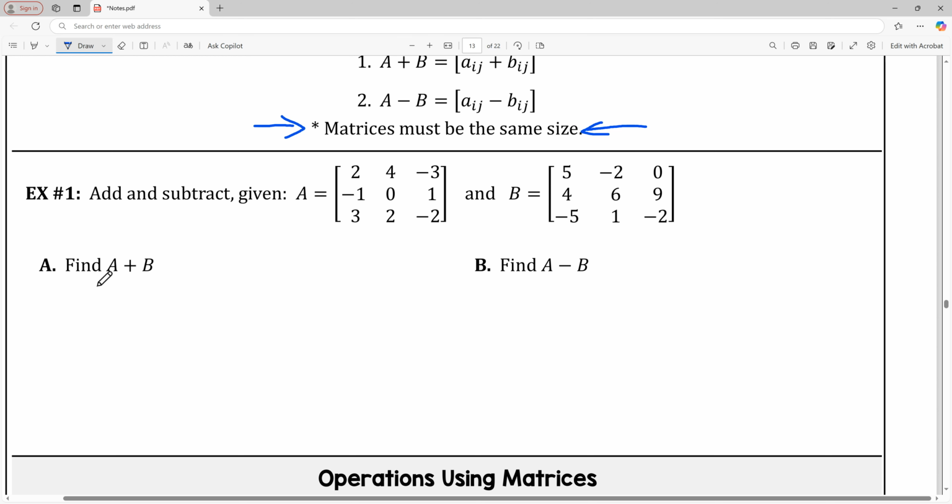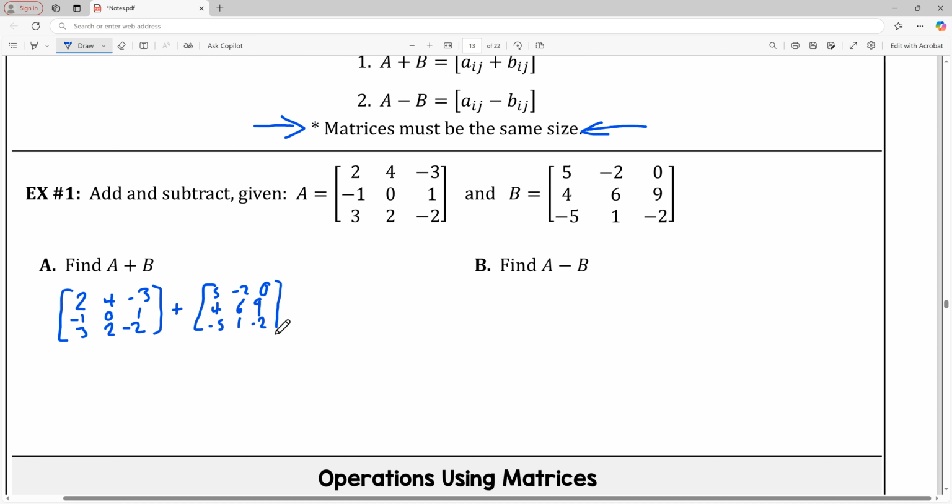So, to find A plus B, I have matrix A, which is 2, 4, negative 3, negative 1, 0, 1, and 3, 2, negative 2, and I am adding that to matrix B, which is 5, negative 2, 0, 4, 6, 9, and negative 5, 1, negative 2.